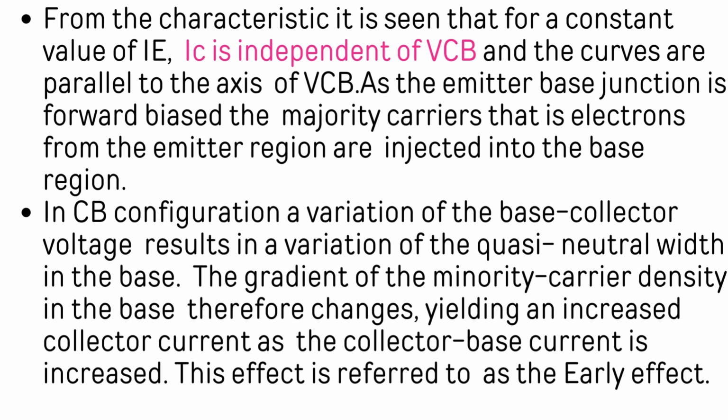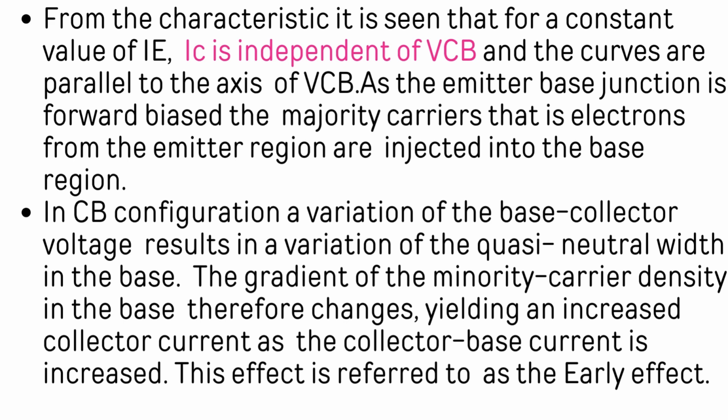From the characteristics, it is seen that for a constant value of IE, IC is independent of VCB and the curves are parallel to the axis of VCB. As the emitter base junction is forward biased, the majority carriers, that is electrons from the emitter region, are injected into the base region.